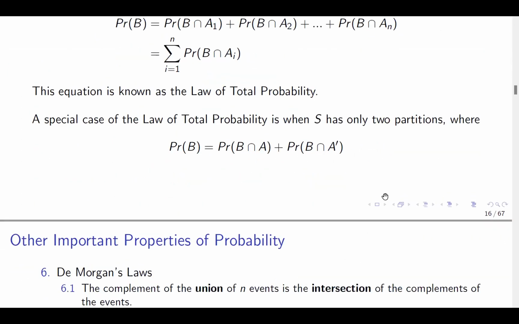Here we see the law of total probability at play where there are just two partitions involved, where we can say that the probability of B, any set B, is equal to the probability of B intersection A plus the probability of B intersection A prime, all right, where all of these belong to one sample space.